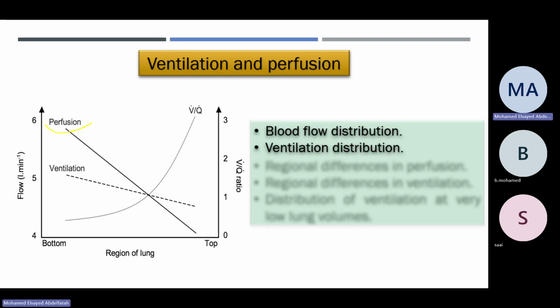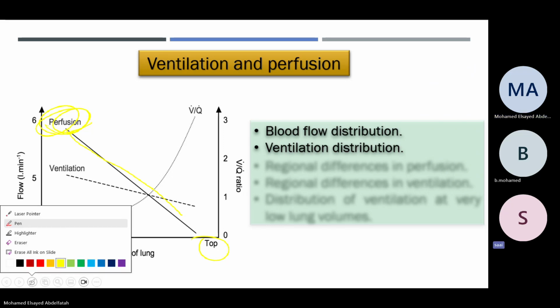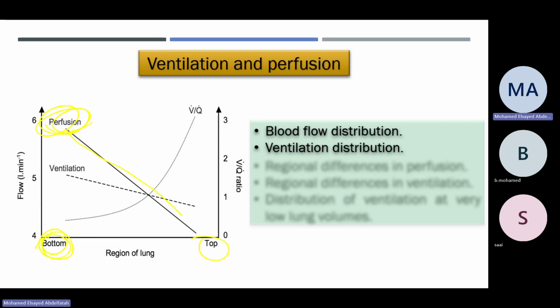You can see here that perfusion decreases from the base of the lung towards the apex. A very important piece of information which is asked frequently in multiple true and false questions and in oral exams: they ask you about the perfusion and the ventilation both decreasing towards the apex of the lung, but the degree of decrease in perfusion is higher than that for ventilation.